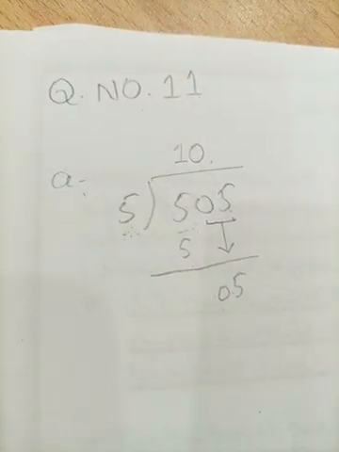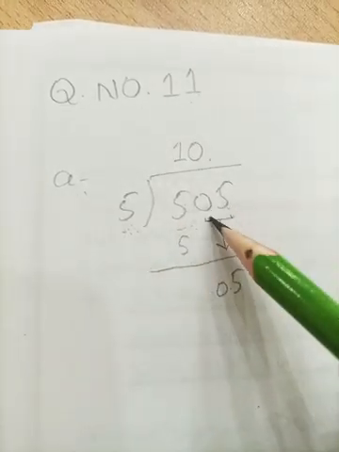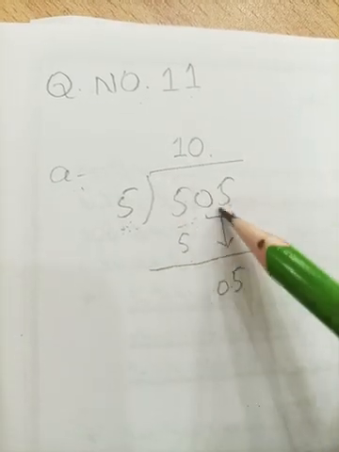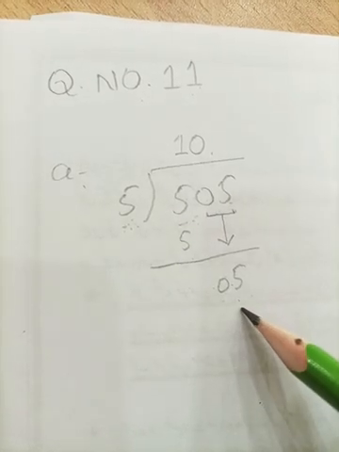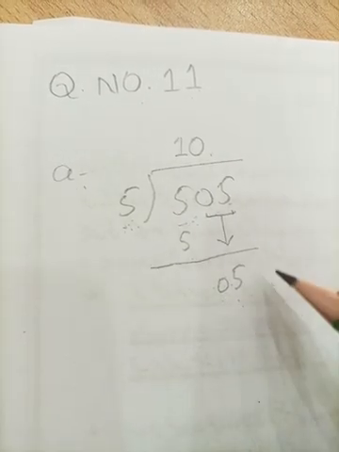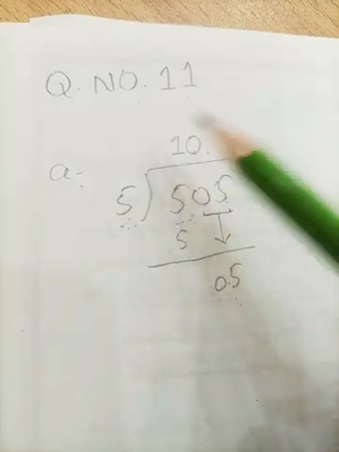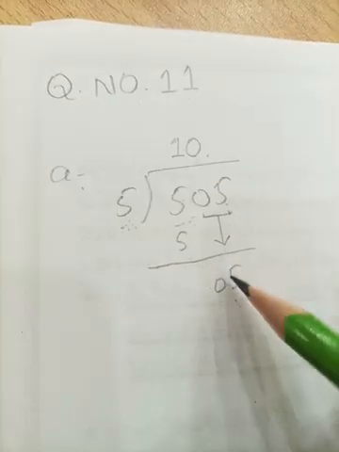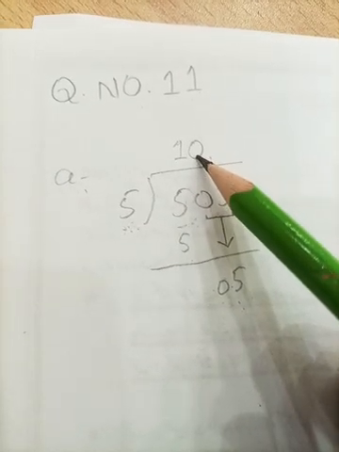Okay students, have you got my concept? When we are taking two digits, or a pair of numbers, down next to our dividend, then we will write a 0 in our quotient. Here we are taking the two numbers together, so we are marking a 0 in our quotient.